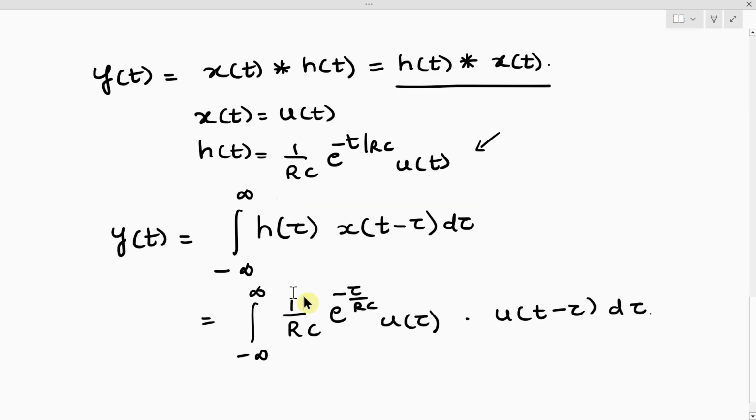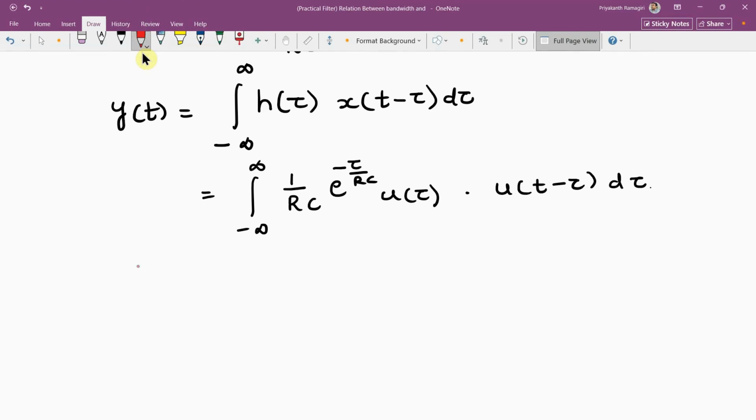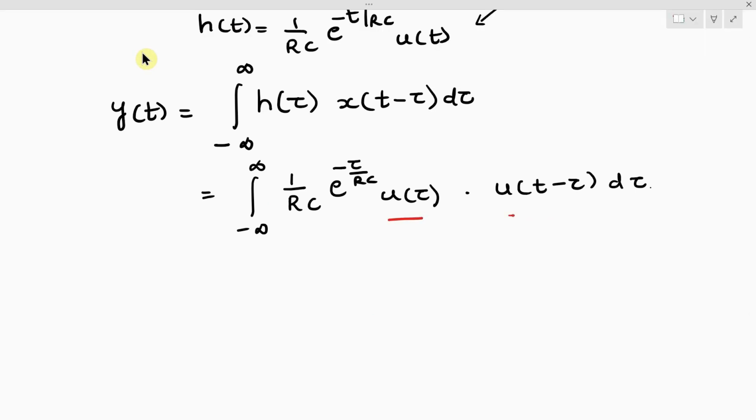Now we have to properly understand how the limits will change. So for that, I'm concentrating on u of tau and u of t minus tau. Now let me plot u of tau first. So tau, u of tau. Is this correct what I have plotted?